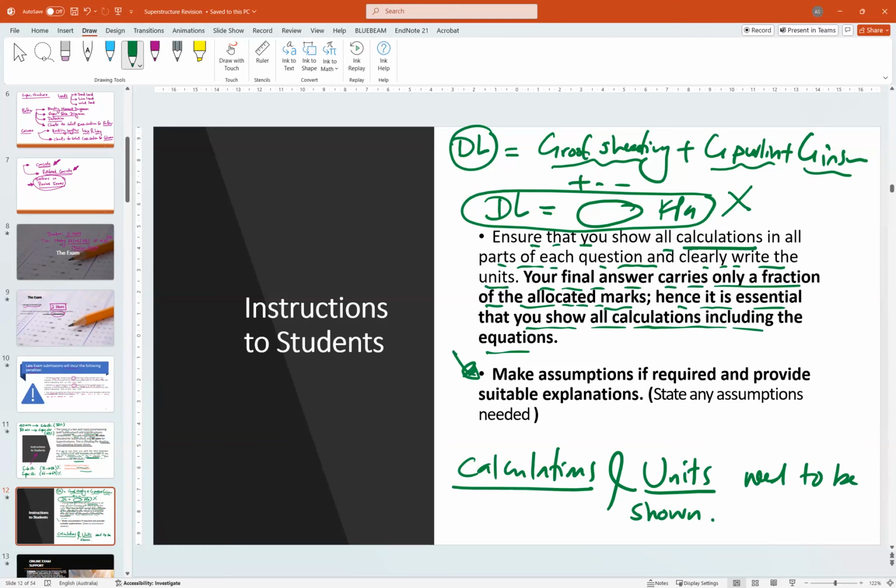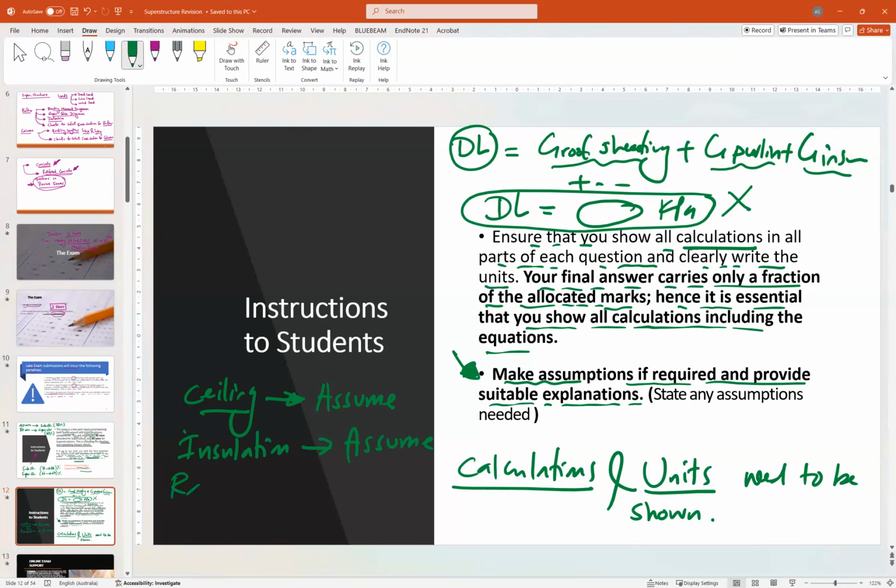Also, one of the important hints is that you may need to make assumptions and give suitable explanations if needed. For example, if the ceiling value is not given, you need to assume a ceiling value. If the insulation is not given, you need to assume the insulation.